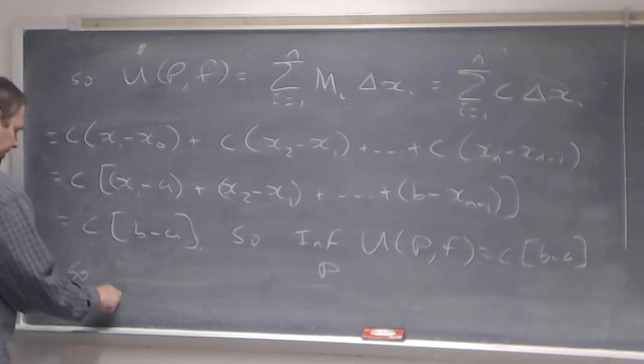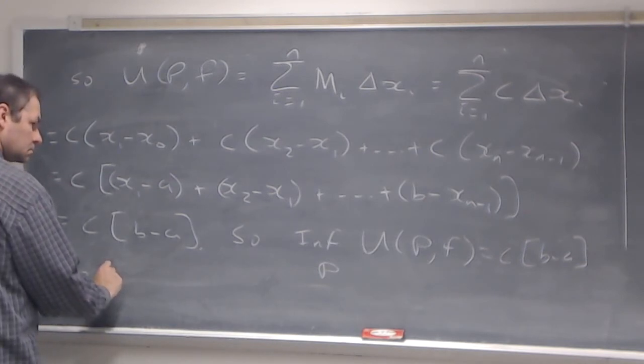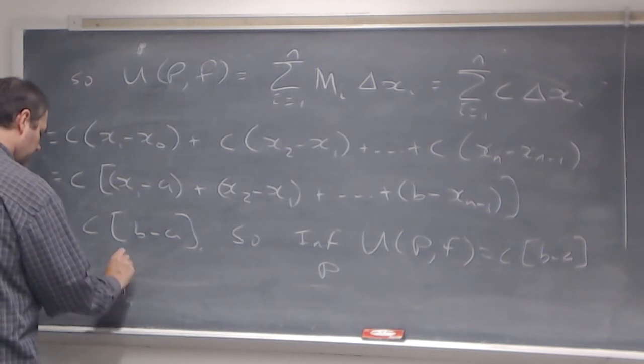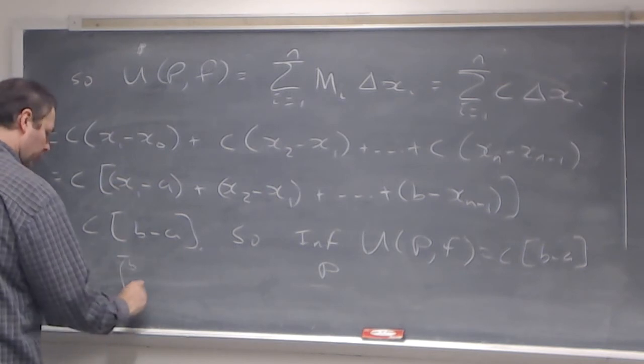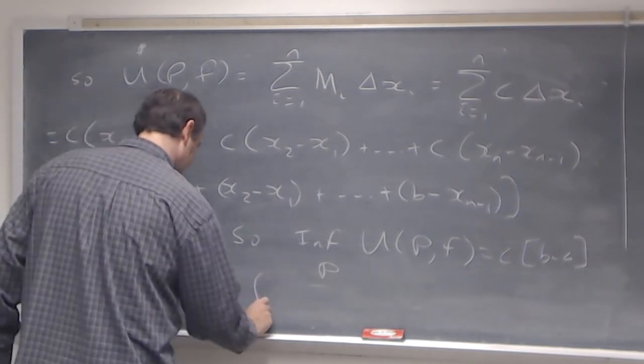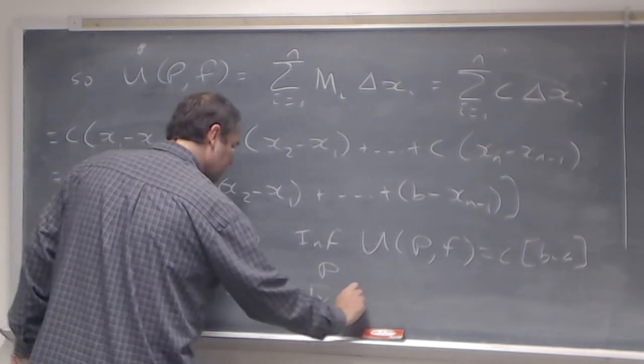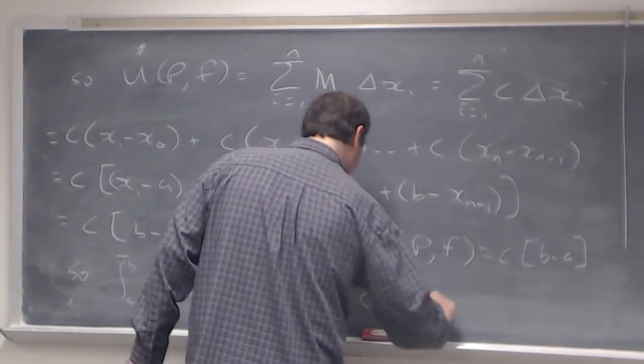So that says that the upper Riemann integral of this constant C dx, from a to b, is really equal to C times b minus a.